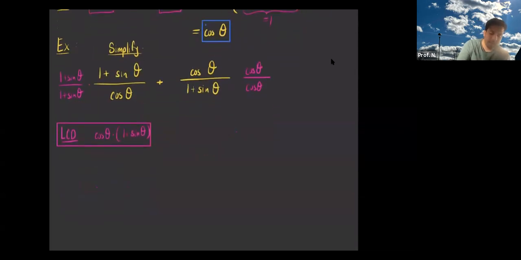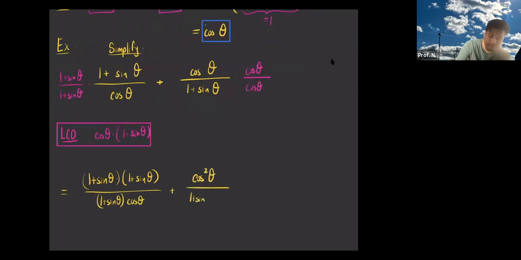So now I have 1 plus sine theta times 1 plus sine theta, all over 1 plus sine theta times cosine theta, plus cosine squared theta over 1 plus sine theta times cosine theta. Do you guys see what I just did there? I made the two fractions the same denominator.